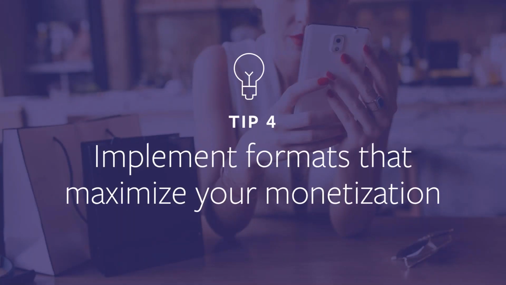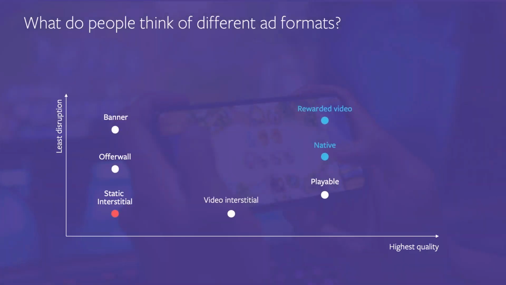So our fourth tip is to implement formats that maximize your monetization. And we've done some research on what people think of different ad formats. And on the left, you have the least disruptive formats. And then on the right, you have the highest quality formats.